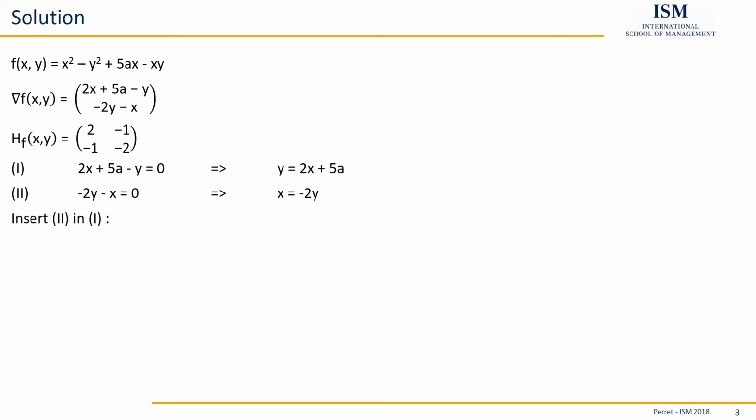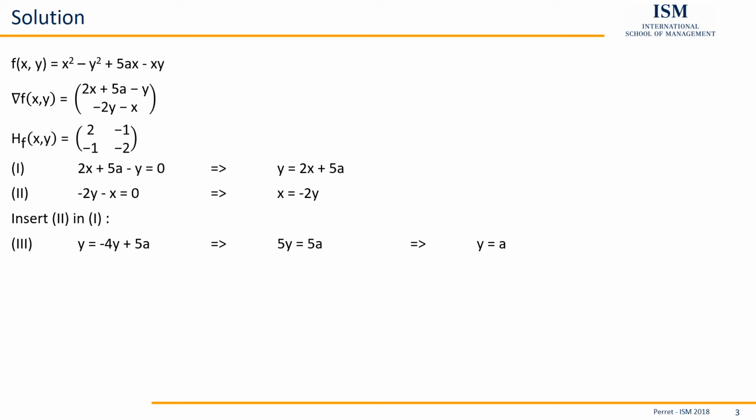Then we can just insert the second one in the first one. So instead of x in the first equation, we insert minus 2y. This will then read as y being equal to minus 4y plus 5a. Then on both sides, we add 4y, so that on the right side, the 4y get erased.